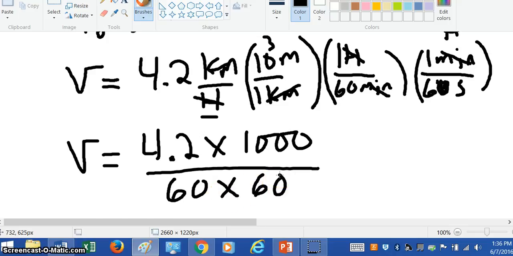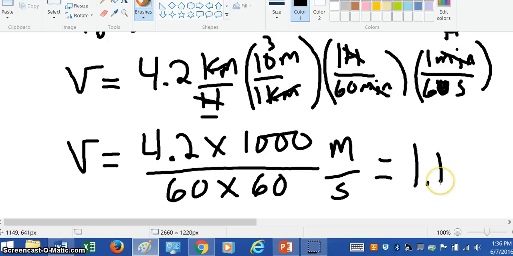It's the same thing. And the remaining units that have not canceled are meters per second. And when you type this in your calculator, you get 1.16, and the 6 keeps repeating, so I'm just going to say 1.17 meters per second. Okay, so we're actually almost done.